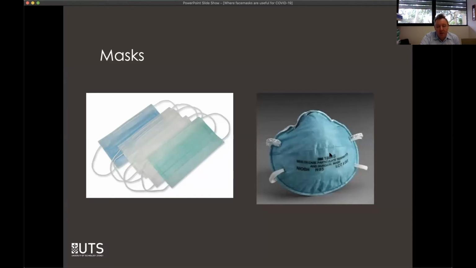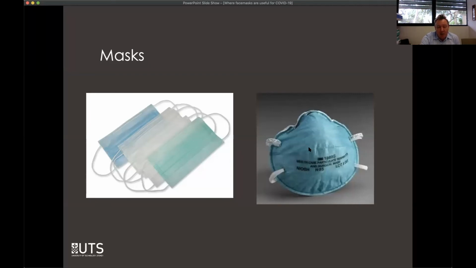The N95 or the P2 masks, on the other hand, are actually the type of masks that are designed to act as a real filter. Now with N95s and P2s, these are predominantly designed to protect the wearer. So these are used in industrial applications where people work in dusty environments. They're used by healthcare workers.